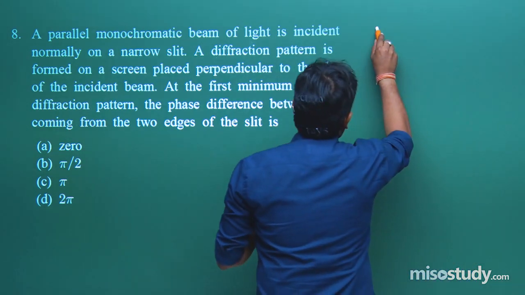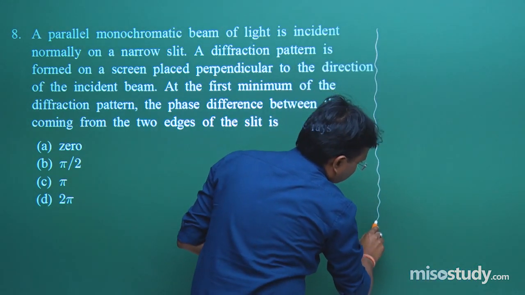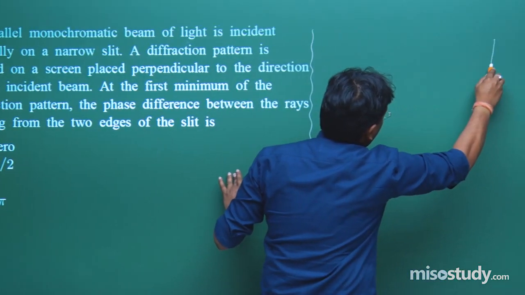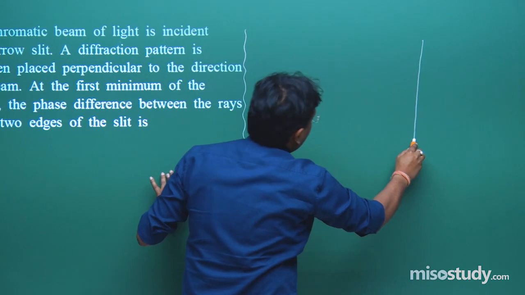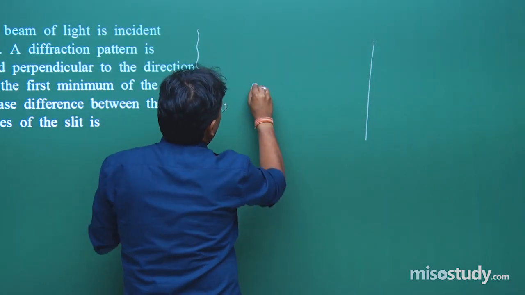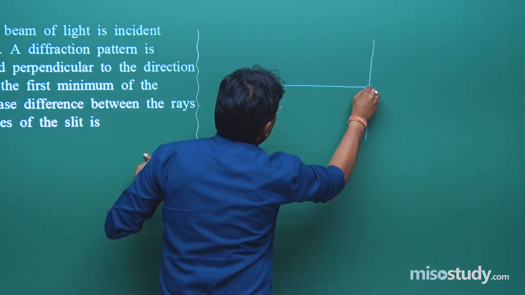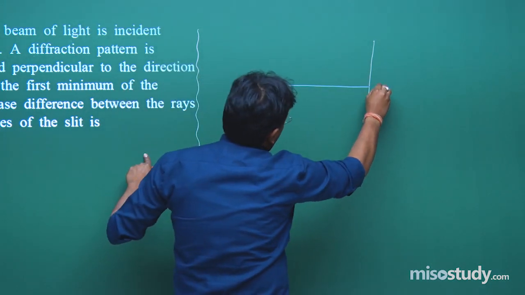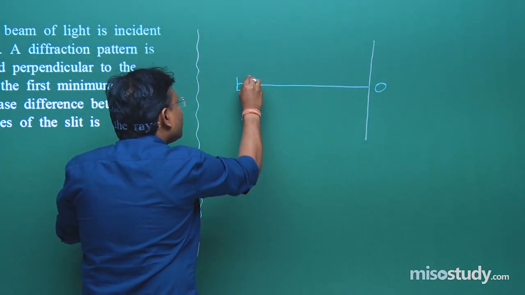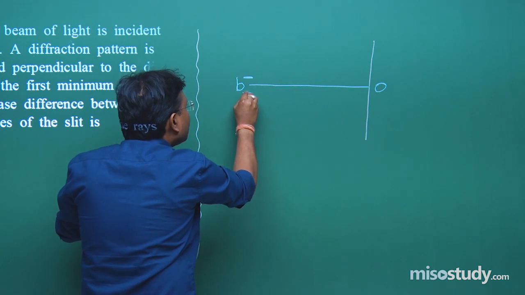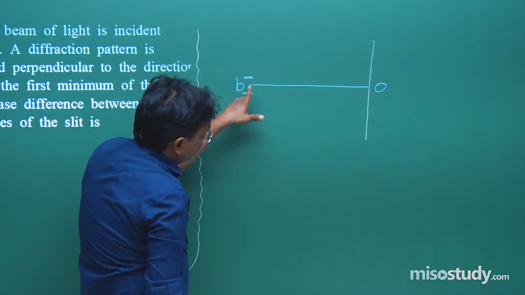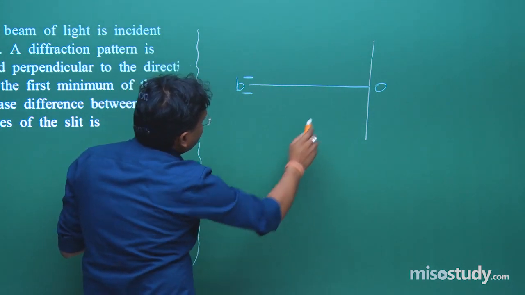So, let us try to find out the solution. I would like to draw a diagram just to give you better clarity. Okay, this is O, this is B. B is basically this small gap, that is the slit width. Fine. And then what is the situation?